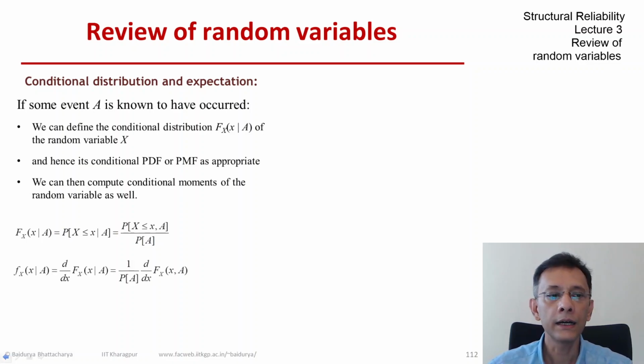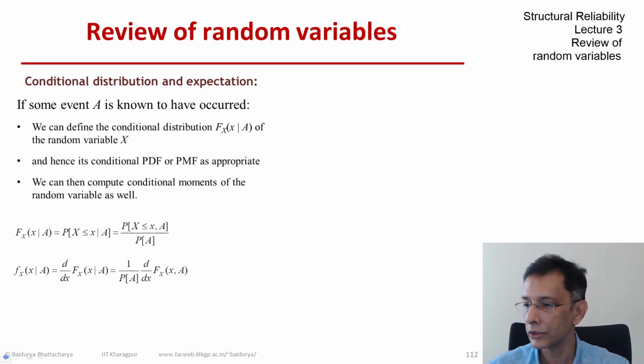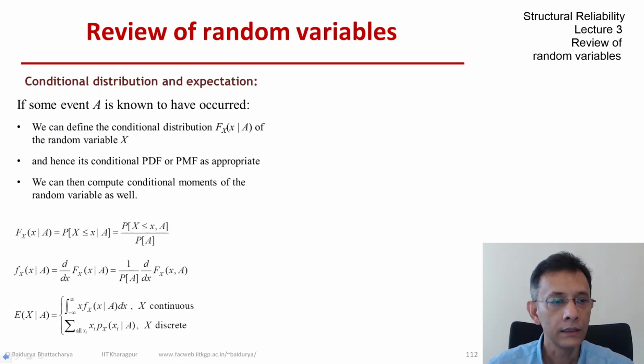Then, if it's a continuous random variable, we can take the derivative of that to get the conditional density function, and we can integrate that with respect to x to get the conditional mean. Or if it's a discrete random variable, we can sum to get the conditional mean of the random variable given A. So let's look at a couple of examples.